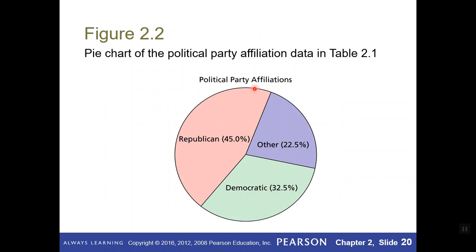Each piece has a name, and each piece has its own percentage value, right? So when you take the summation of these percentage values, it should equal 100%. So in a pie chart, the summation of percentage values should be equal to 1.